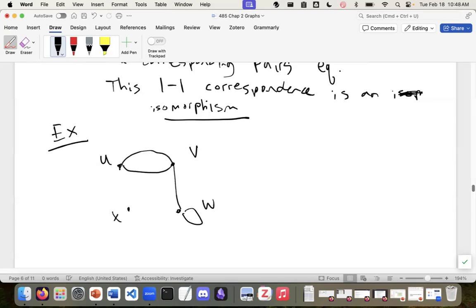Two edges between U and V. X, W, and then one from U to W. Okay, so that's one version of the graph. This is G. No, that's not 2. That's 3. No, that's not 3. That's 2. 1, 2, 3, and 4. We've labeled it.